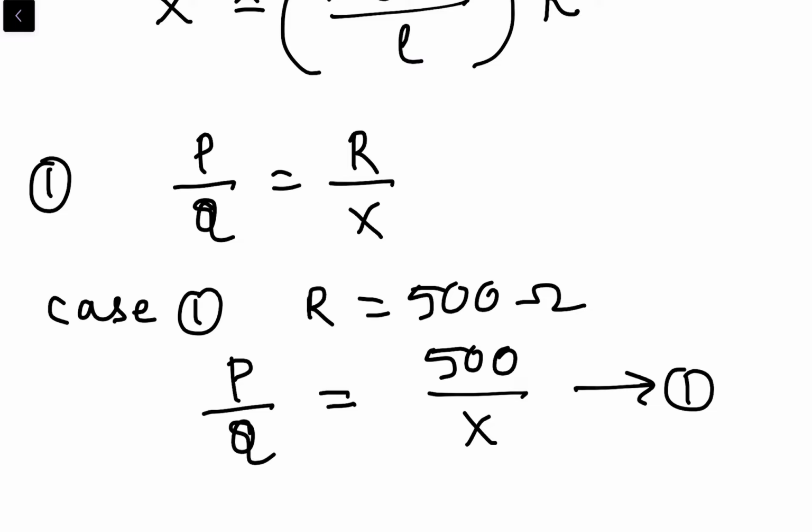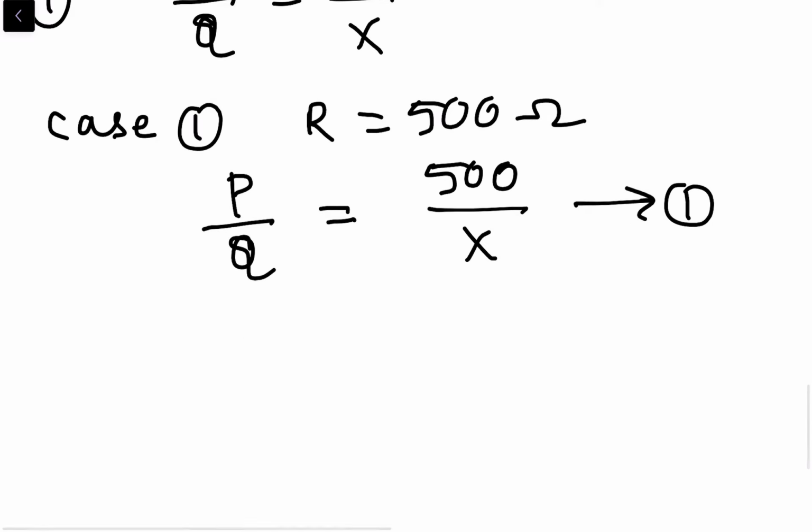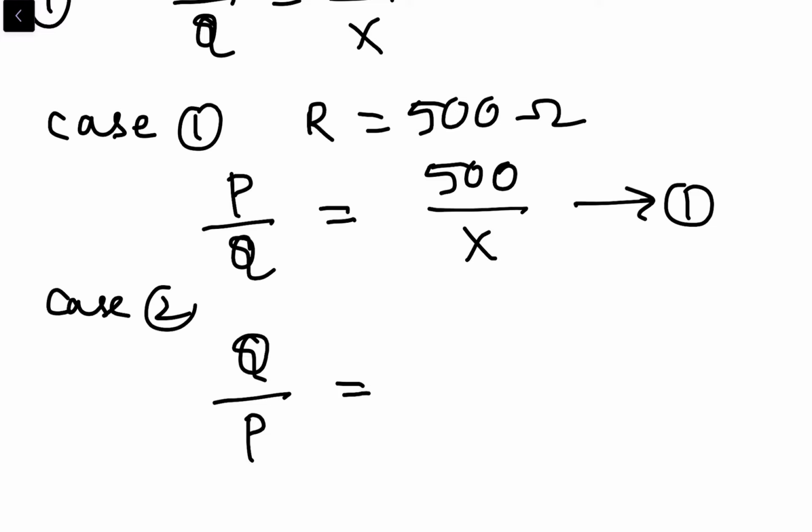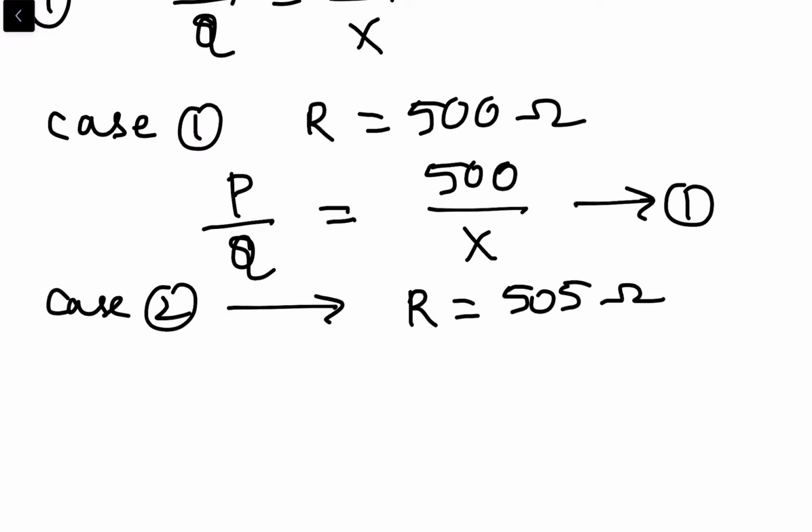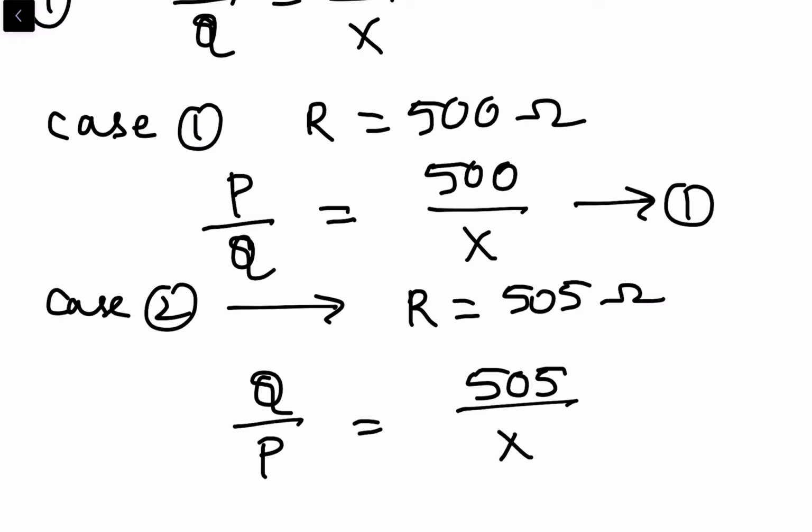Then they have interchanged them. That means Q by P, then R was, that is case 2, let me write here. In case 2, R is equal to 505 ohms. So here, now in case 2, Q by P they interchanged, is equal to 505 divided by X. Let it be equation number 2.